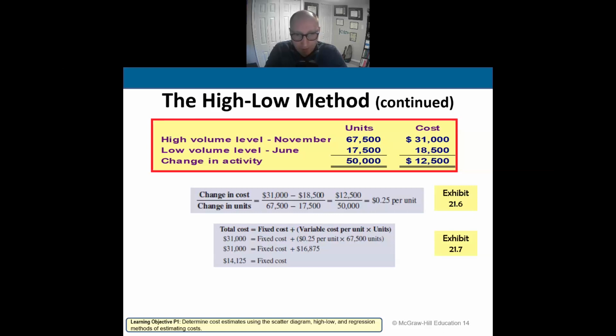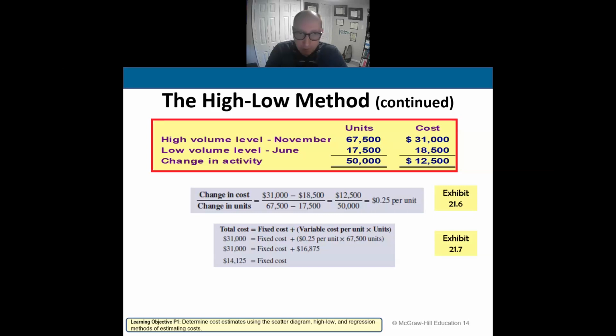equals fixed cost. We're going to find fixed cost, right? Find the fixed cost. 31,000 equals a fixed cost.